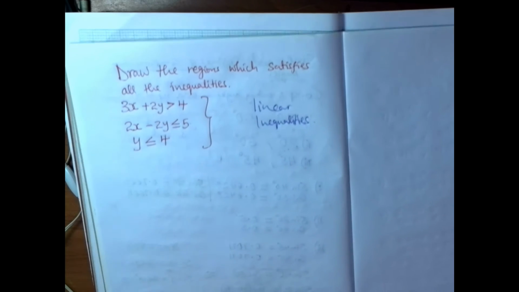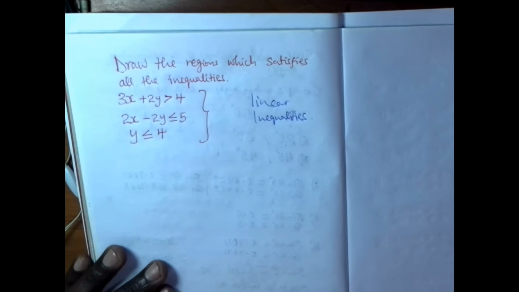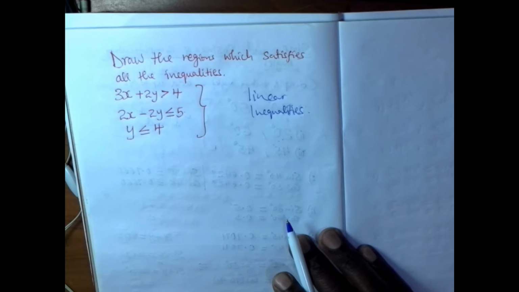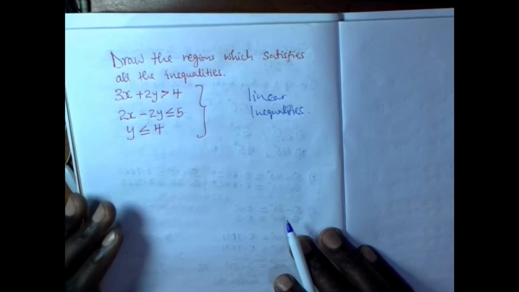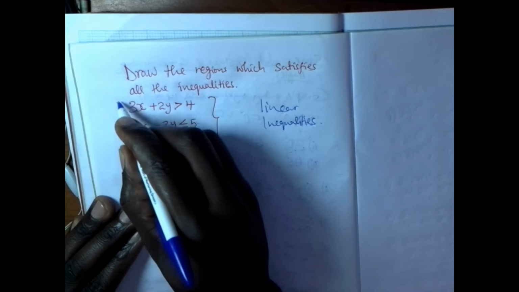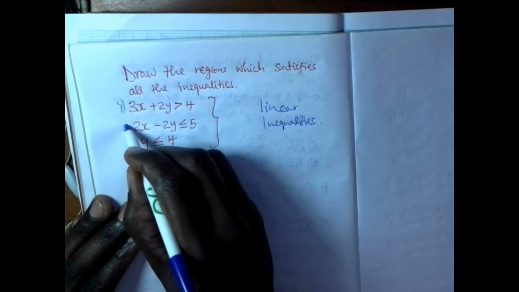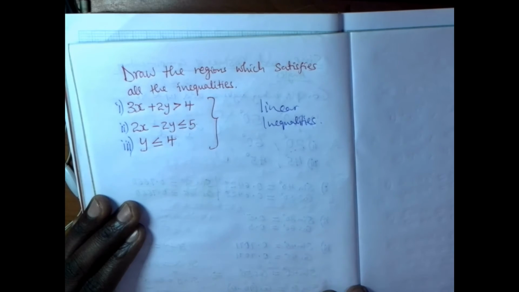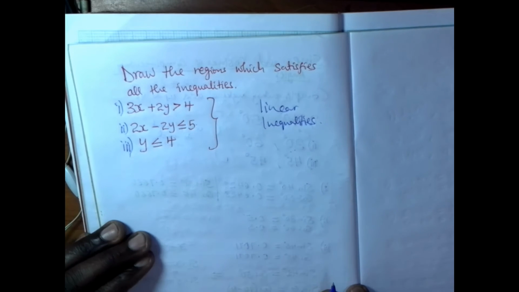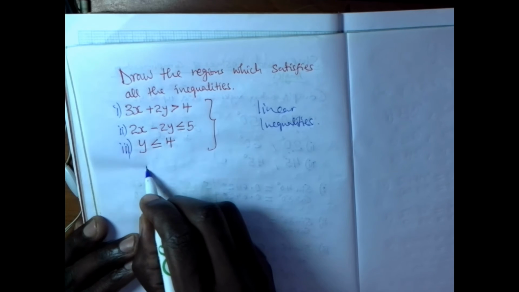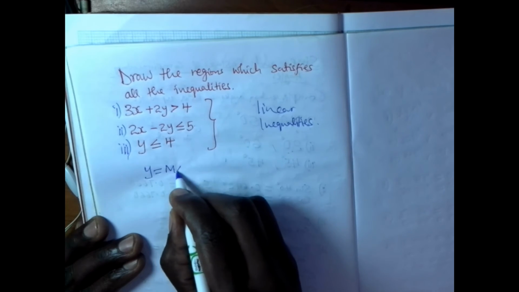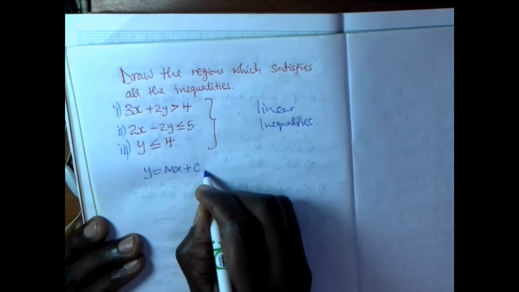Before we draw it, we first need to know the linear equation that we are going to draw. I'm going to start with the first one, then the second, and then the third one. Allow me to rewrite those equations in the form of y equals mx plus a constant.